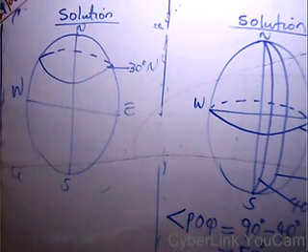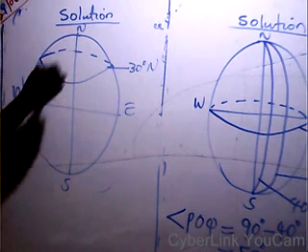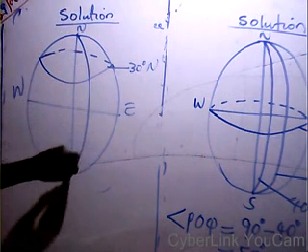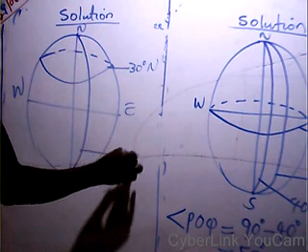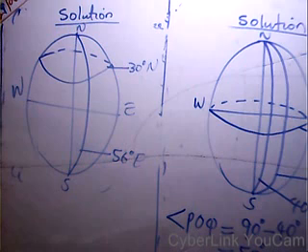The other one, the longitude is 56 degrees east. So this is 56 degrees east.